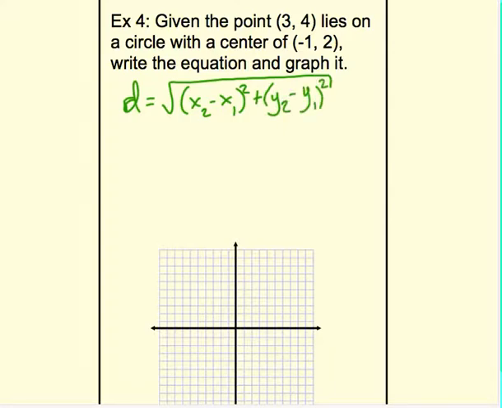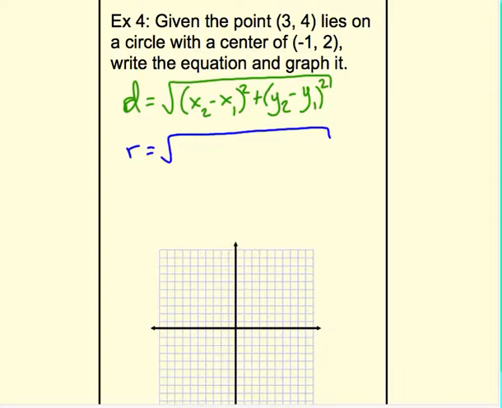Now for the distance formula, the order you subtract your coordinates does not matter, because once you square it, it will become positive. So I don't even worry about x2, x1. I take the bigger number minus the smaller number because then I'm going to get a positive number and I don't have to worry about the negatives when I square it. And you can switch the order from the x's to the y's.